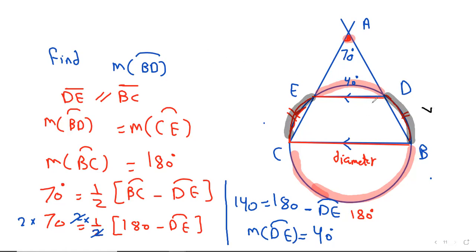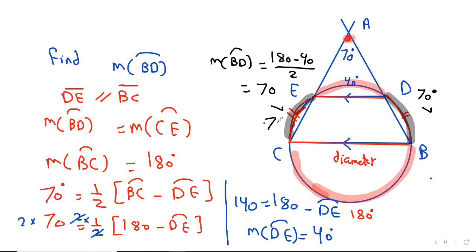And we have two equal arcs, BD is equal to CE. So to get the measure of the arc BD, it's 180 minus 40, then divided by 2. So 180 minus 40, 140 divided by 2. So this is going to be 70, and this is going to be 70. That's it.